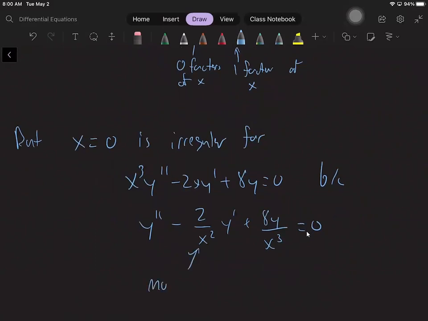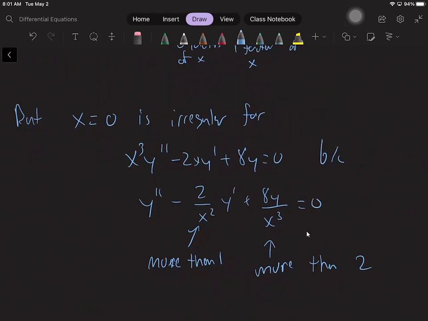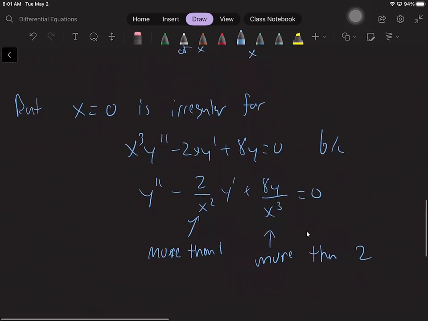This is more than 1. And this is more than 2. So I have too many powers of the division by 0, basically. So that's the shortcut to figuring out if it's regular or irregular.